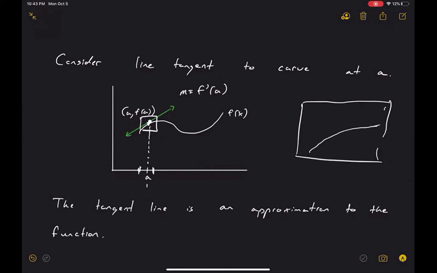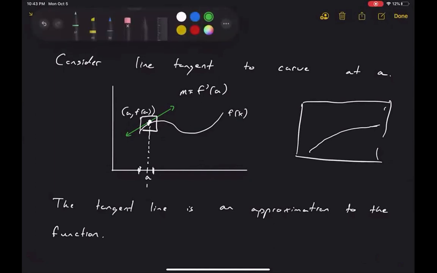I'd have a very gentle change in my curve, and then my tangent line would be very similar to this curve. It's just touching right there and then going off. So when we zoom in, if we get close enough, there's not much difference between my tangent line and my function.